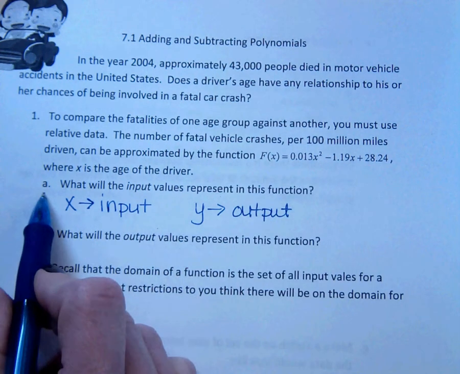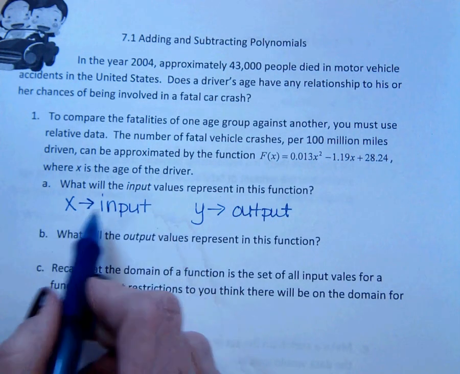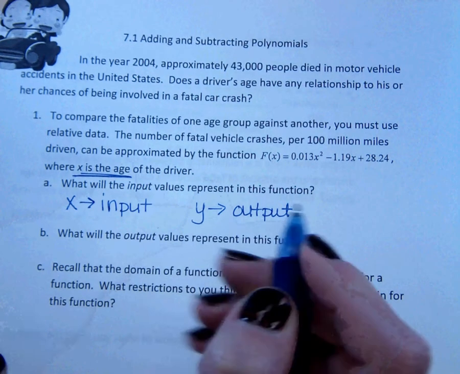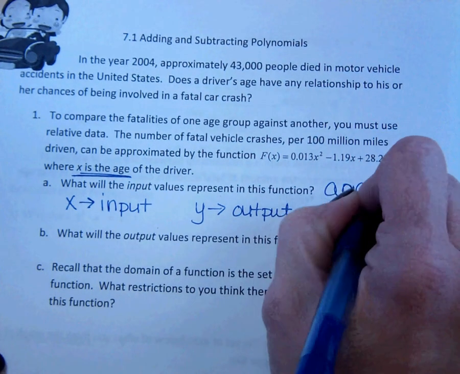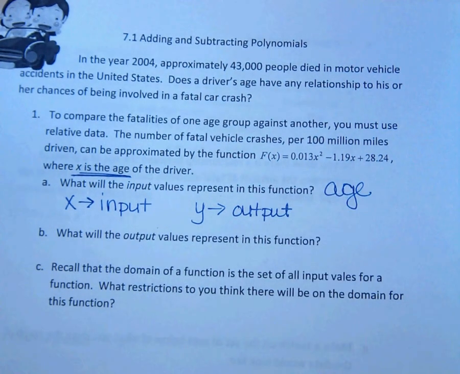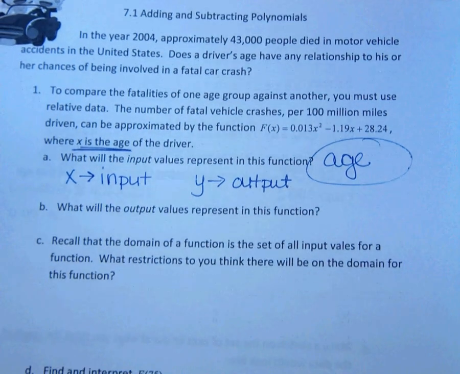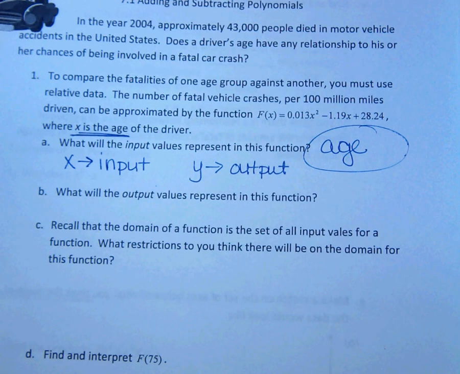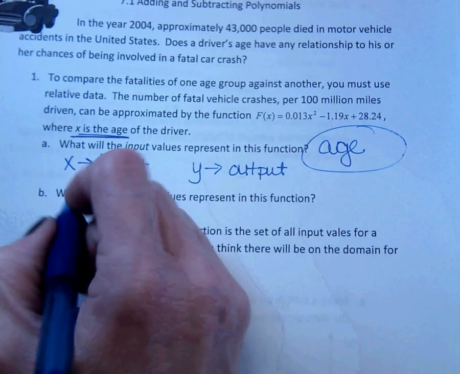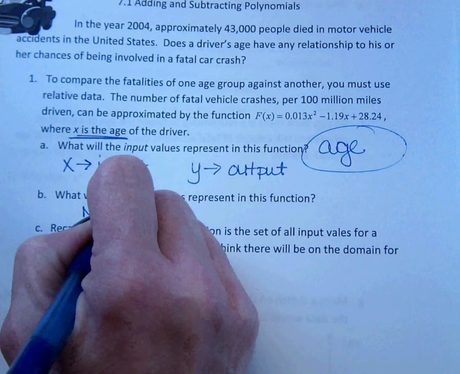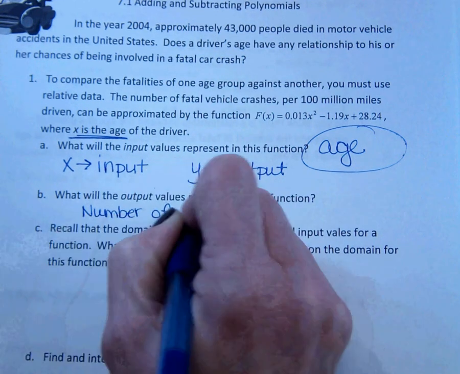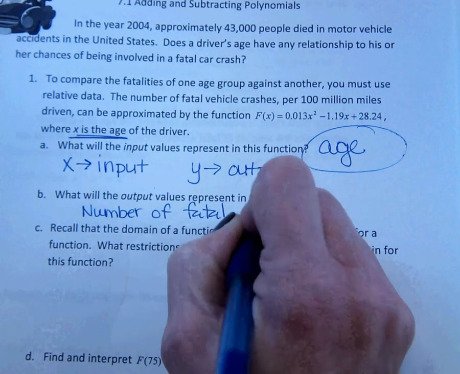So part A says, what will the input values represent? In this case, we're being told X is the age. So my input values represent the age of the person who's driving. That means if I take this function and I plug in an age, I'm inputting an age. My output is going to be the number of fatal crashes.